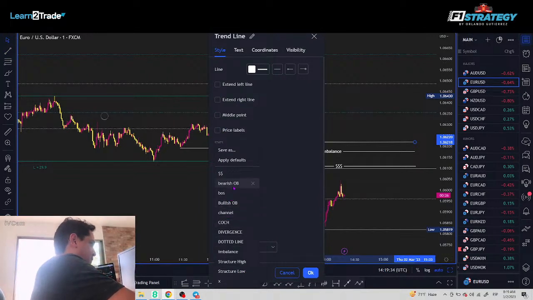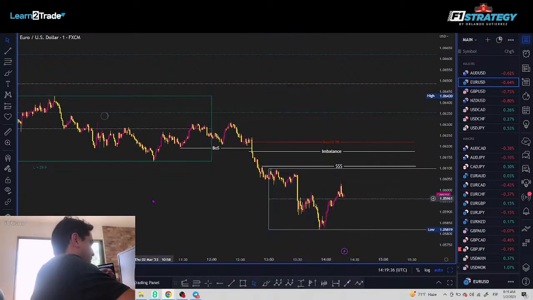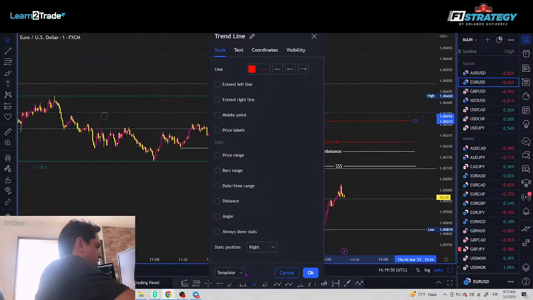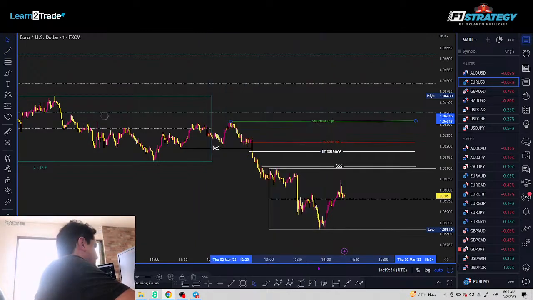That's the bearish order block right there. The structure highs, of course, are these highs right here, which means that my risk to reward ratio is not that great, right? But still a tradable setup in my opinion.